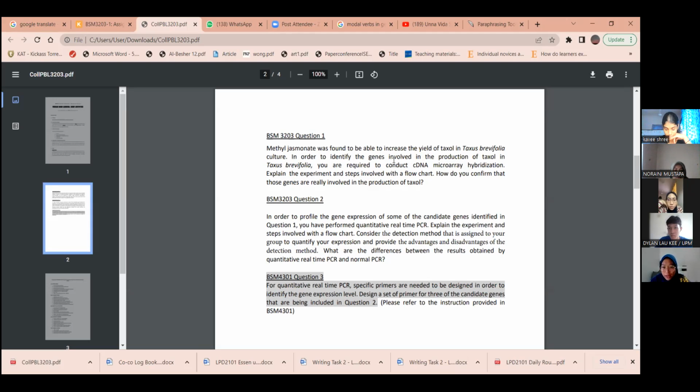Consider the detection method that is assigned to our group to quantify our expression and provide the advantages and disadvantages of the detection method. What are the differences between the results obtained by quantitative real-time PCR and normal PCR?